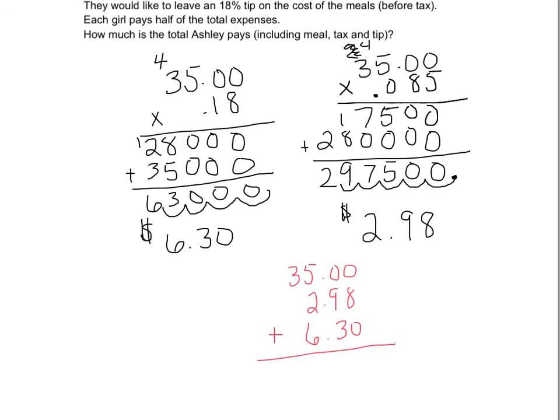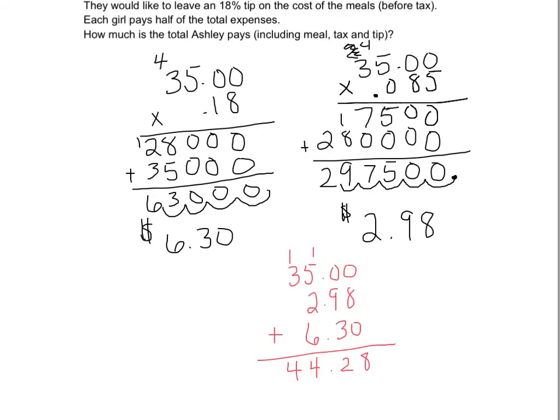So 0, 8, 0 is an 8. 9 and 3 is 12. Carry the 1. Got our decimal place. 1 and 5 is 6. 6 and 2 is 8. 8 and 6 is 14. Carry the 1. 44. So total, what both girls are going to pay combined is $44.28.